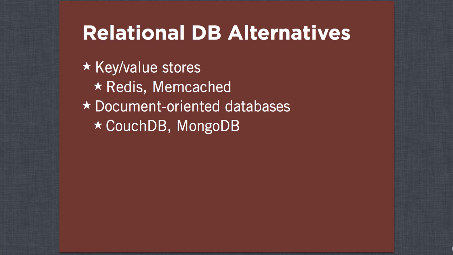So there are also alternatives to relational databases that are not based on foreign and primary keys. We have key value stores like Redis and Memcached, and these are just big giant tables of data, typically with a key and a value. So that key could be a numerical ID or a hash, and then some type of data value on the other side.